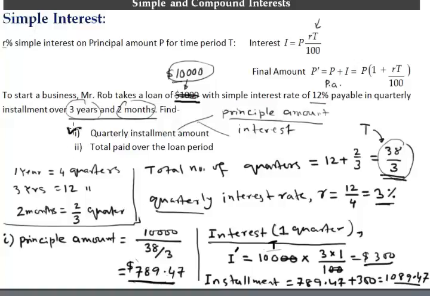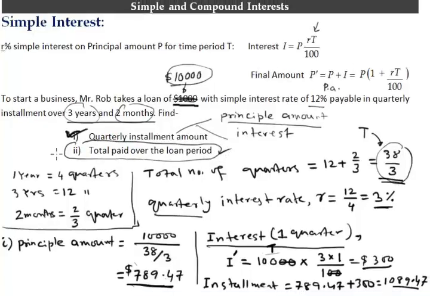So the quarterly installment will be $1,089.47. Now we need to calculate the next part, what will be the total paid over this loan period.